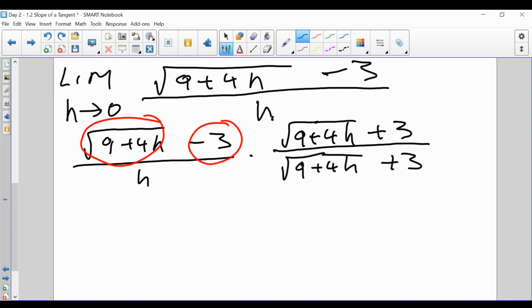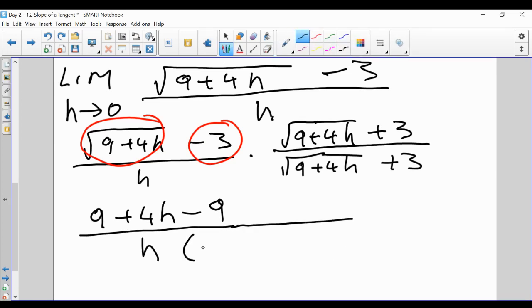So let's do that. When you square the square root, as you know, you're going to end up with the thing without the square root. It's going to be simply 9 plus 4h minus the square of the 3, which is 9. That's all over h times the square root of 9 plus 4h plus 3.